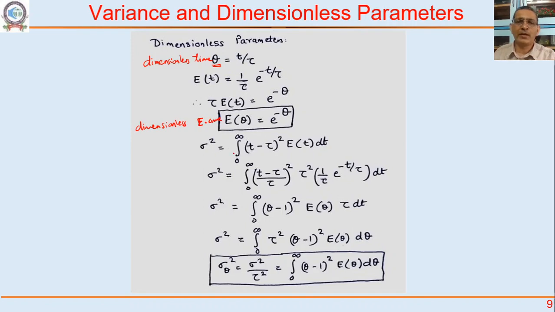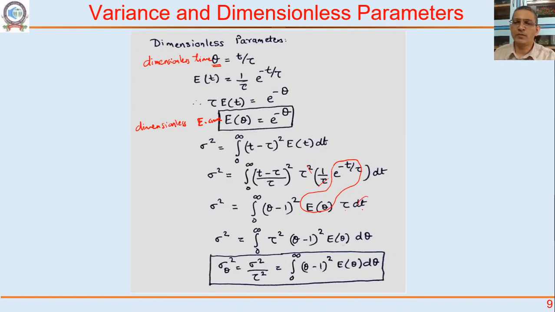Similarly, sigma square is integral 0 to infinity (t minus tau) the whole square E(t). We can divide by tau and multiply by tau square, 1 by tau e raised to minus t by tau. So this will become (theta minus 1) the whole square E(theta). This is our E(theta). 1 by tau will get cancelled, and it will become tau dt.